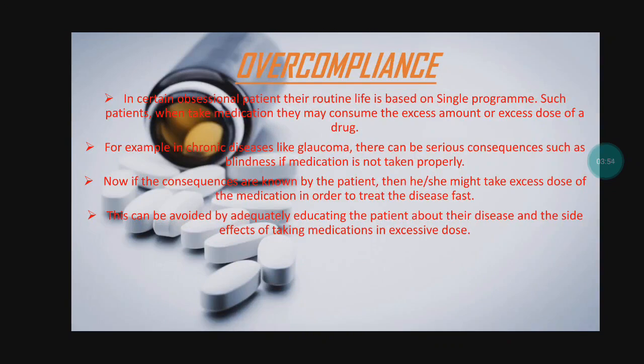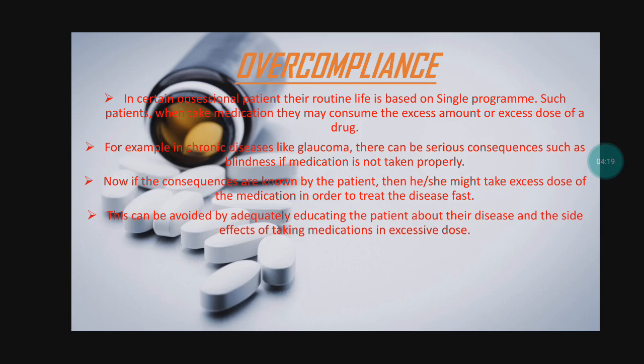Overcompliance. In certain patients, their routine life is based on a single program. Such patients, when taking medication, may consume an excess dose of the drug. For example, in a chronic disease like glaucoma, there can be serious consequences such as blindness if medication is not taken properly.